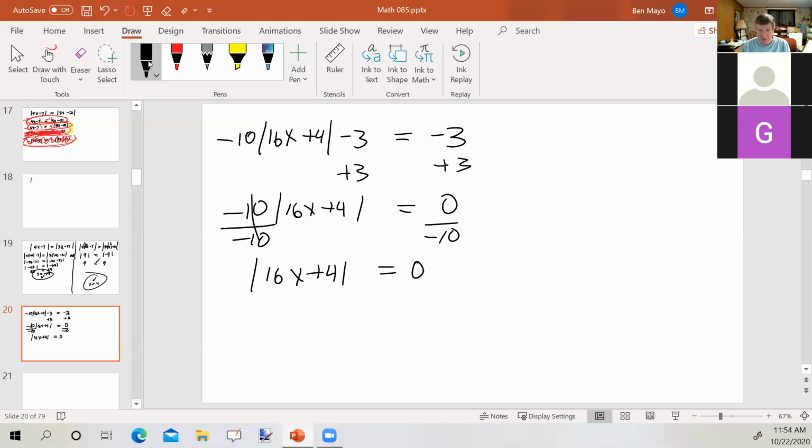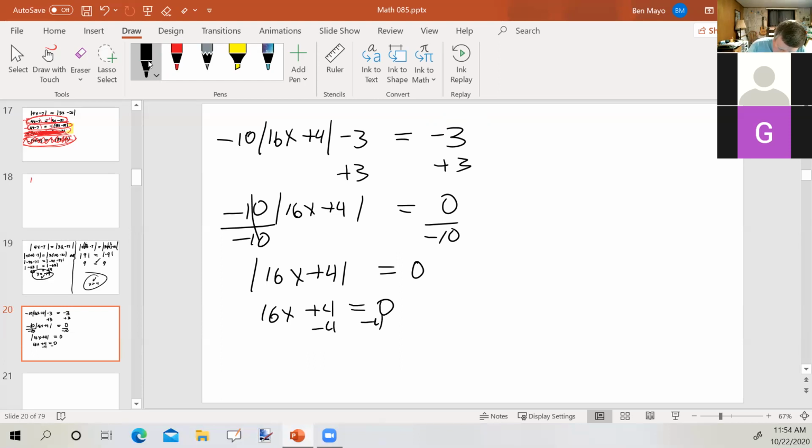That's equal to 0. So I'm going to have 16x plus 4 equals 0. That's going to be my only equation, because if I take 16x plus 4 equal to the opposite of 0, it's still equal to 0. So after we got rid of all that extra fluff and got it down to just an absolute value, it was set equal to 0.